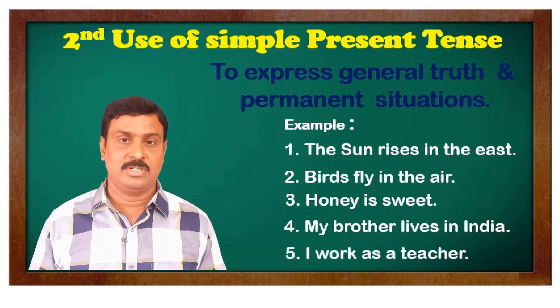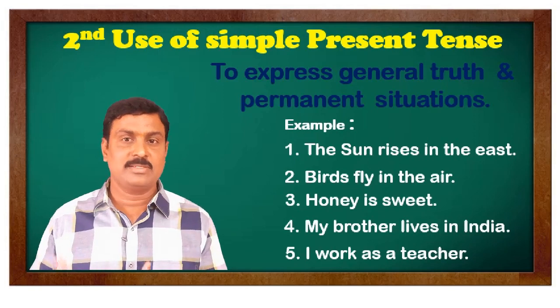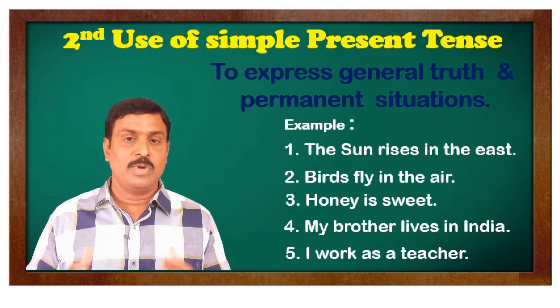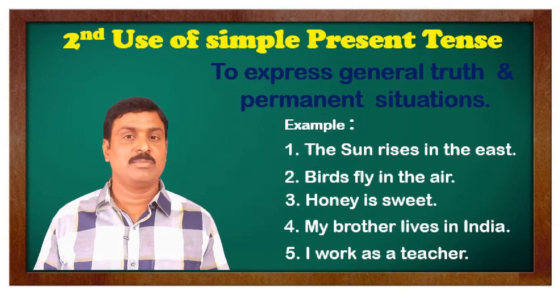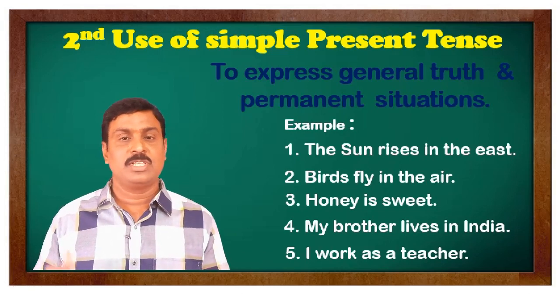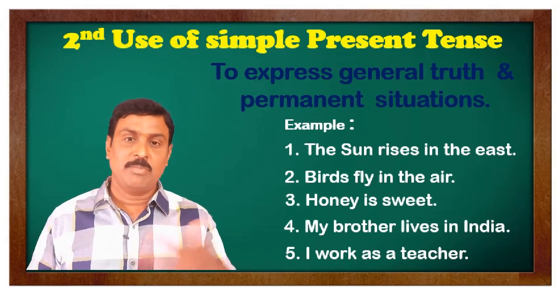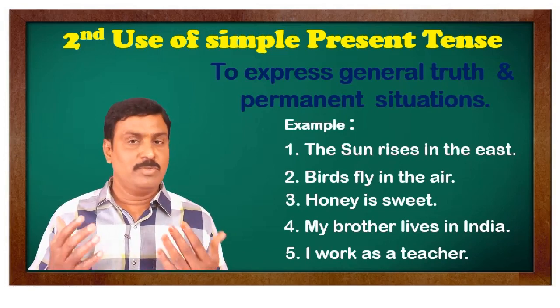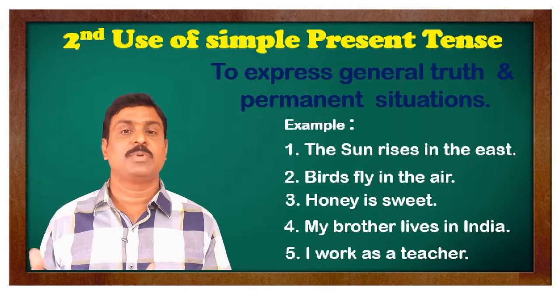I work as a teacher. When I say I work as a teacher, you know that this is my permanent job. This is my long-term job. To express permanent and long-term situations, we use the simple present tense. By the above examples, we can say that to express permanent situations or universal truths, we use the simple present tense.